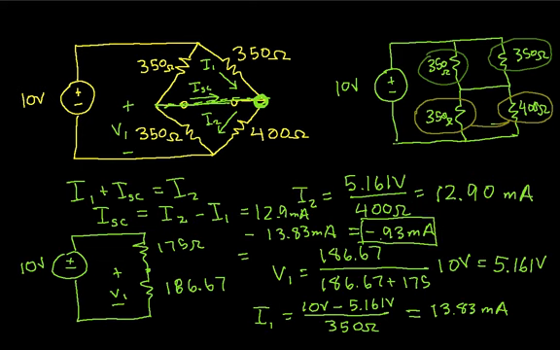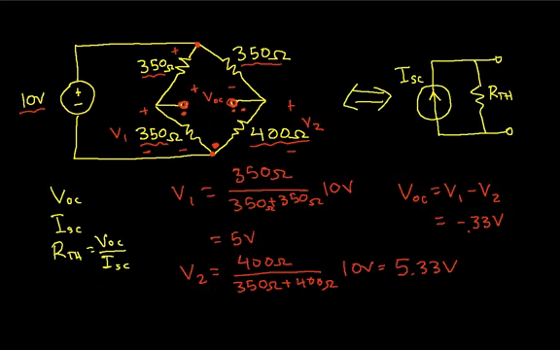Now, all we need to do is go back to our original page. We have the open circuit voltage. The short circuit current was minus 0.93 milliamps. The open circuit voltage was minus 0.33 volts.